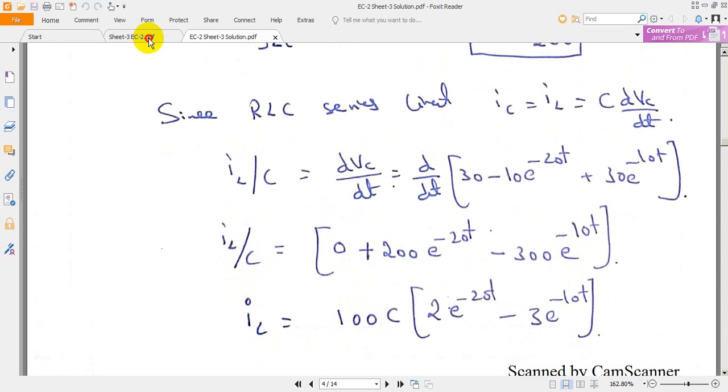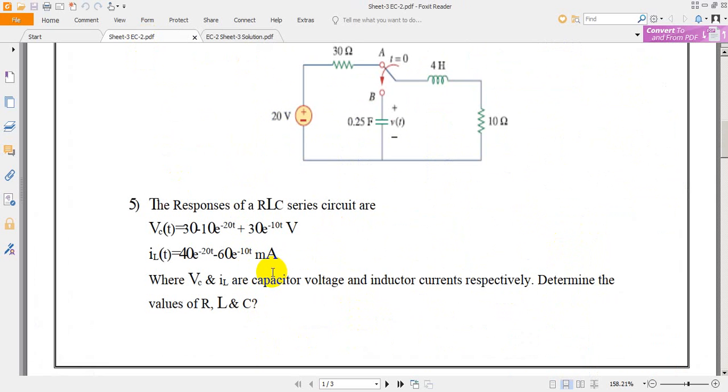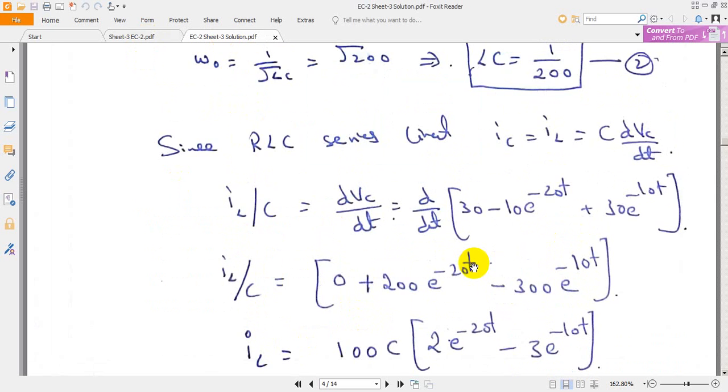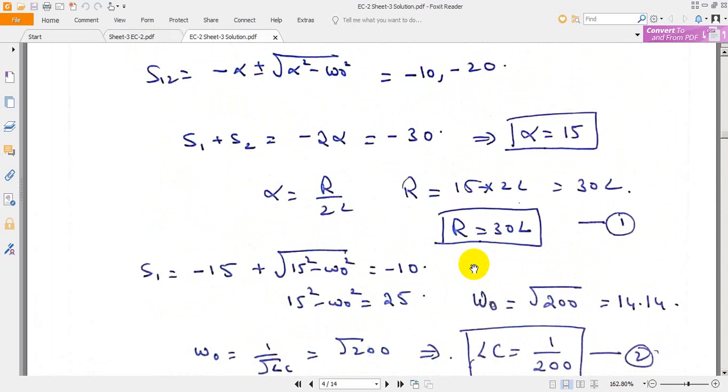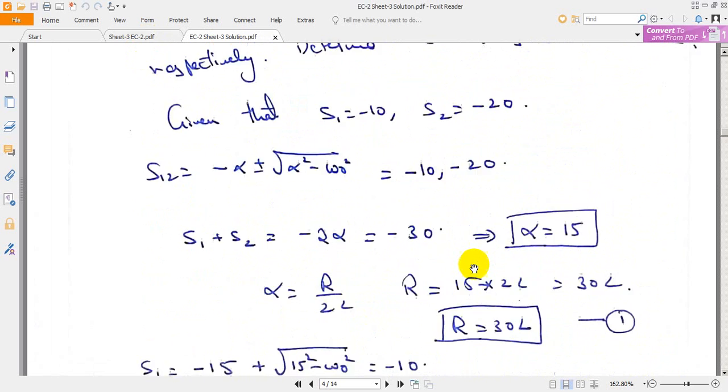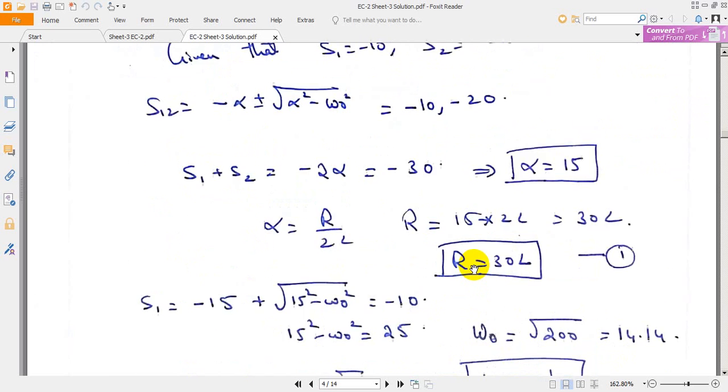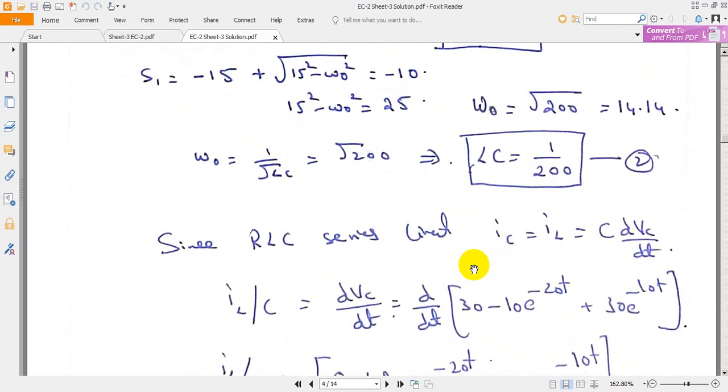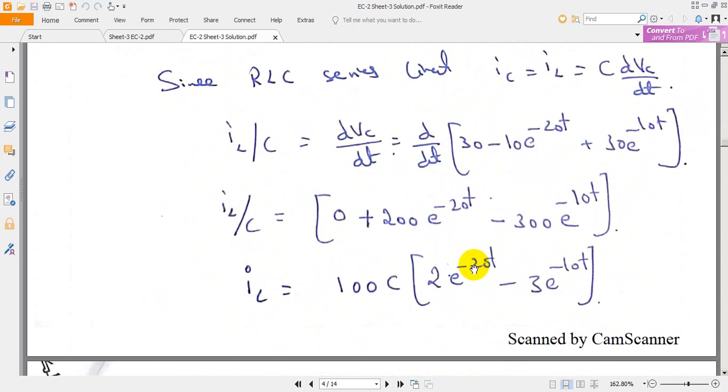So now we know the value of C. Let me check the question. The C value, I think we have evaluated before. Where is the value of C? We need to identify C. Yeah, sorry, what we are doing is, C is here, we brought the C parameter this side, and from here we have taken 100 common.